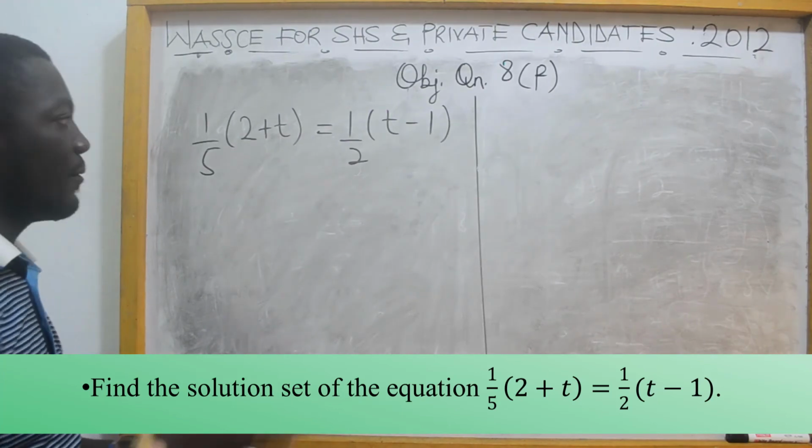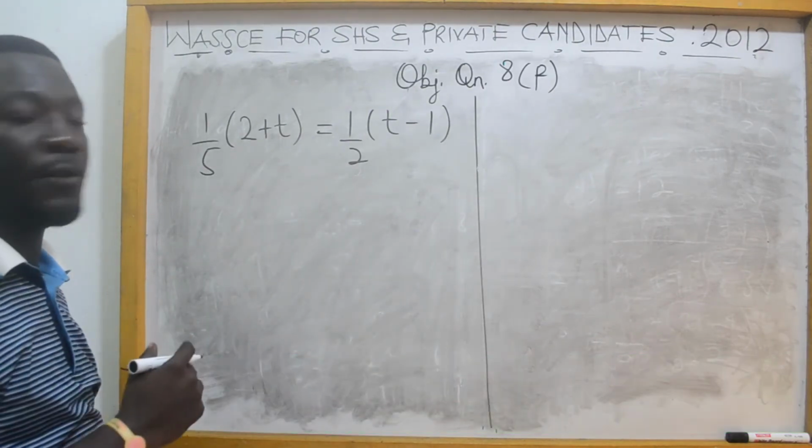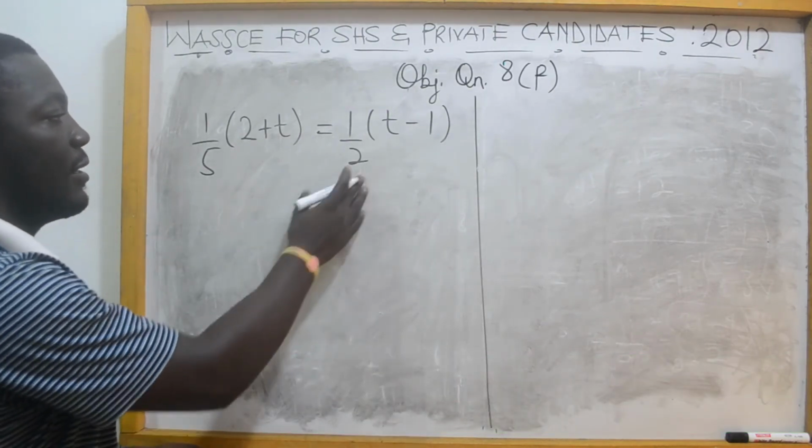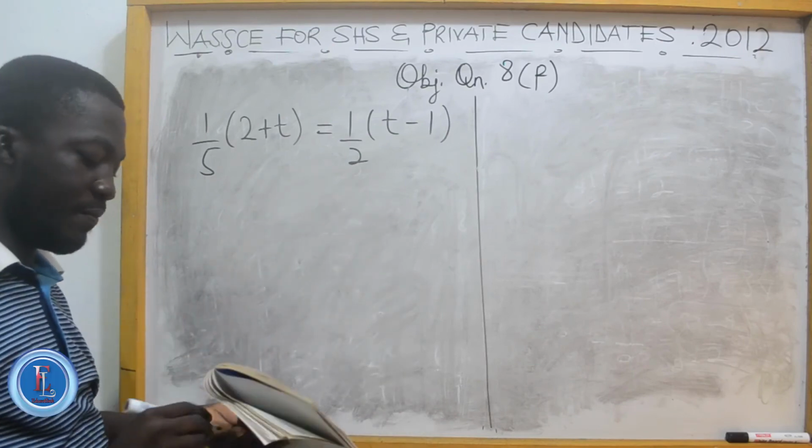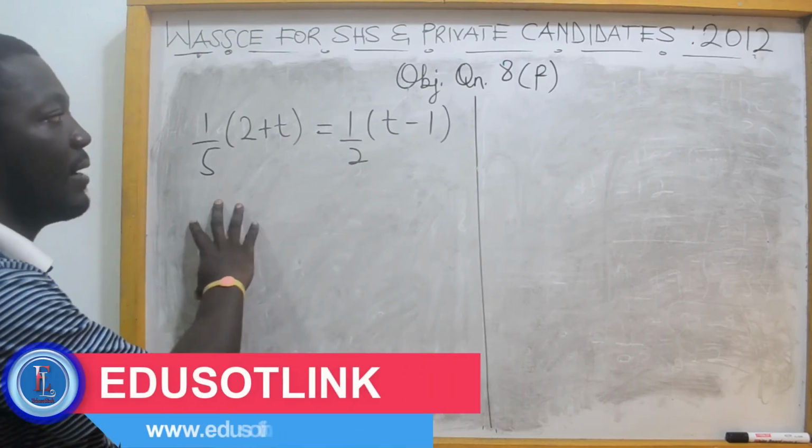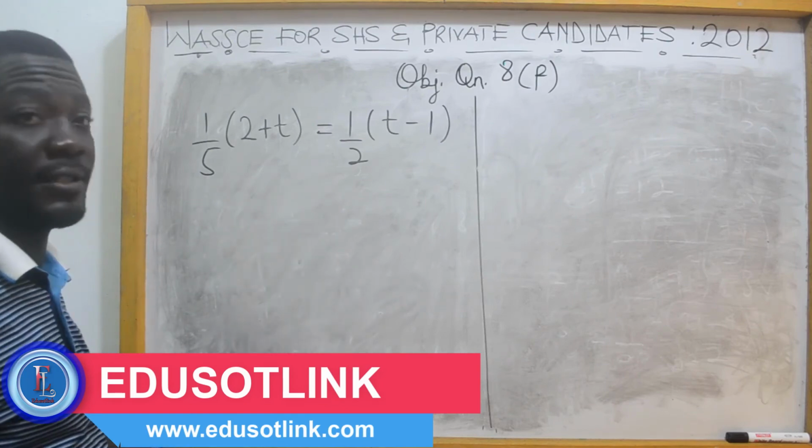Alright, you can see that the least common denominator of 5 and 2 is 10. So we pick that 10 and multiply both sides. We have two sides here.